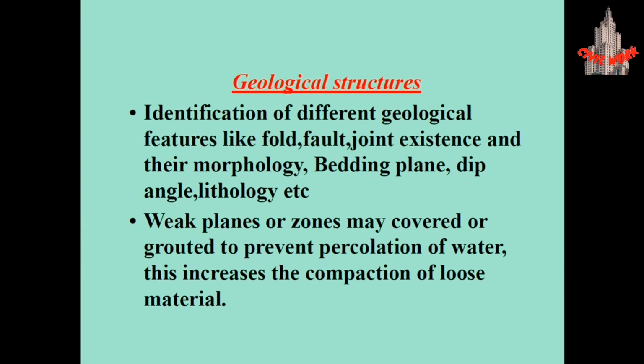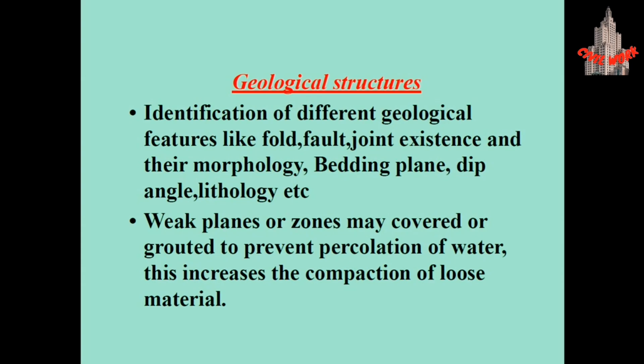Fault lines and fractures create weakness in the earth's crust, potentially leading to landslides, especially if they intersect with the slope. Number three, we have soil composition and properties. The type of soil and its properties, such as cohesiveness and moisture content, are crucial.